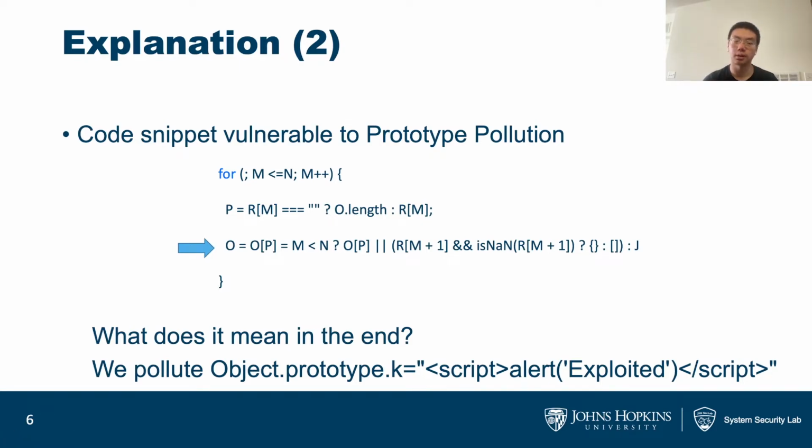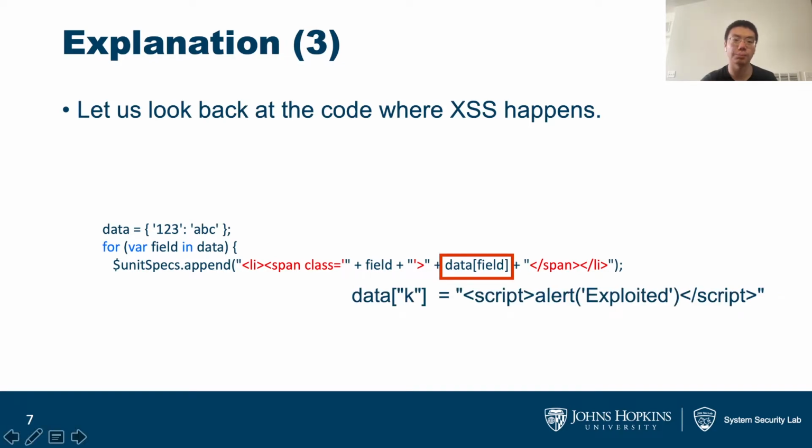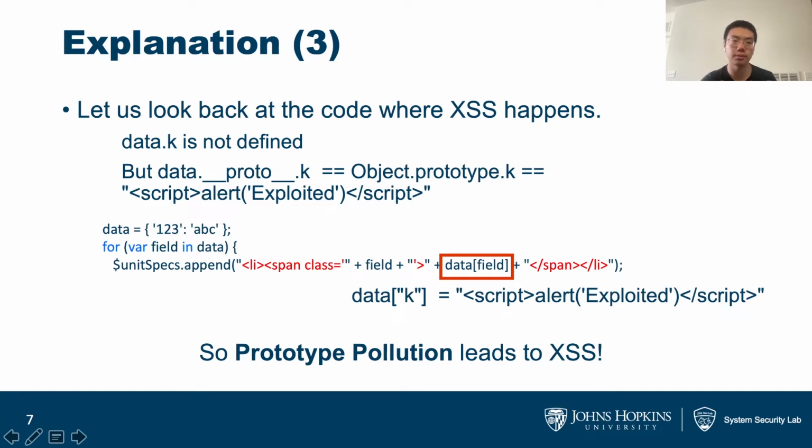But how can it contribute to the cross-site scripting? Let us look back at the code where cross-site scripting happens. In this append function, data[field], which now is data[k], equals script alert exploited script, the malicious code. How would this happen? Basically, data.k is not defined at the beginning.